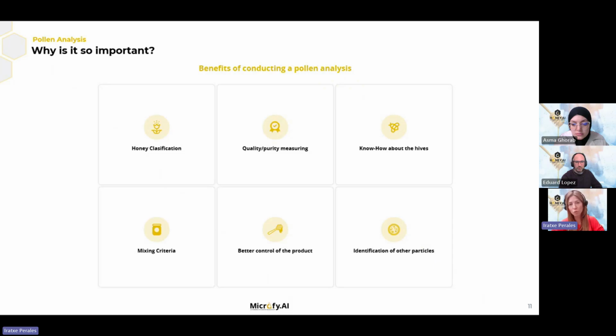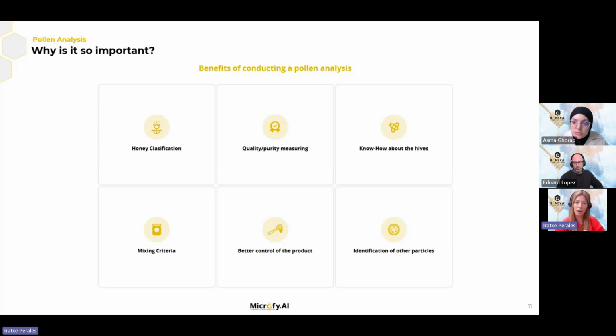Also, it helps you to measure quality and purity, how concentrated the honey is. Also, it provides you with know-how about where the hives are placed. As a beekeeper, you can learn how to place your beehives better depending on the results of the pollen analysis, and also to decide when to extract the honey based on blooming, depending on the species that you have.